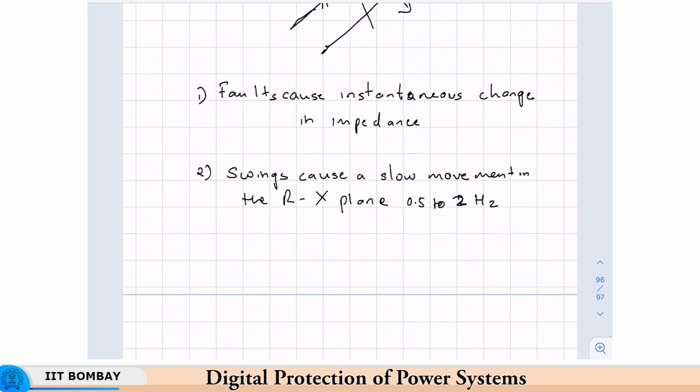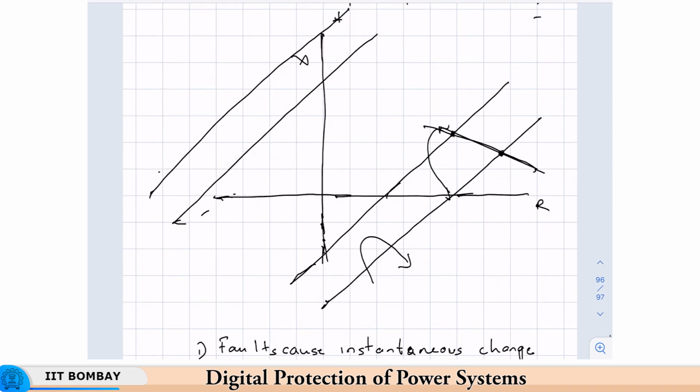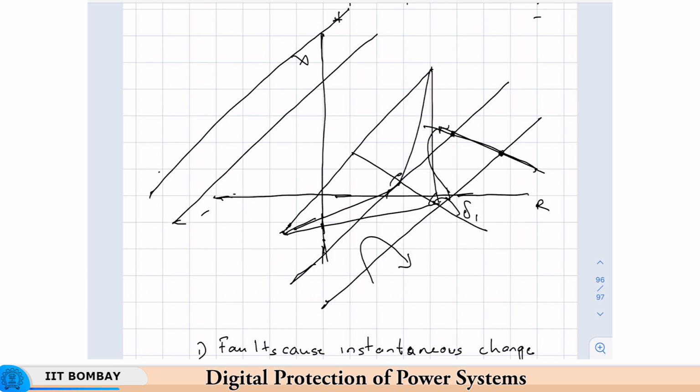Because if you have the line or the ZS, if you remember our discussion, you will have this as, say, delta 1, and the angle that the two ends of the line or the system subtend at the second blinder is delta 2.